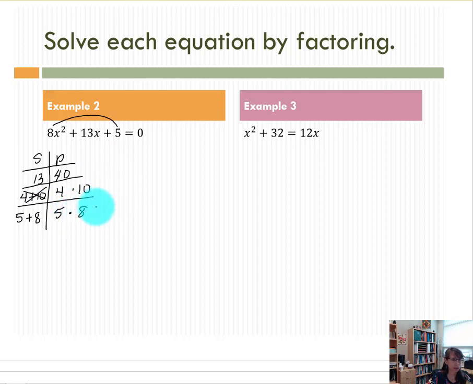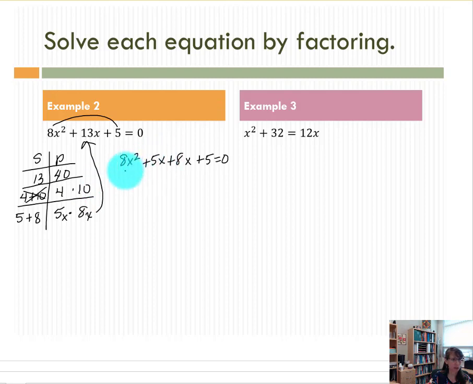So we know that the middle term is going to be replaced with 5x and 8x, and both are positive. So we'll have 8x squared plus 5x plus 8x plus 5 equals 0.